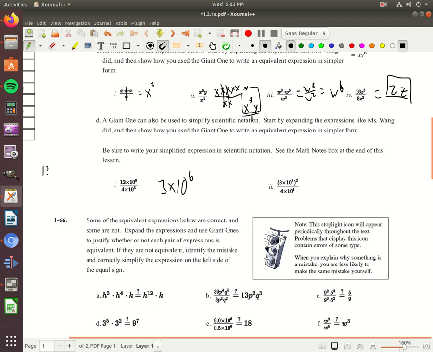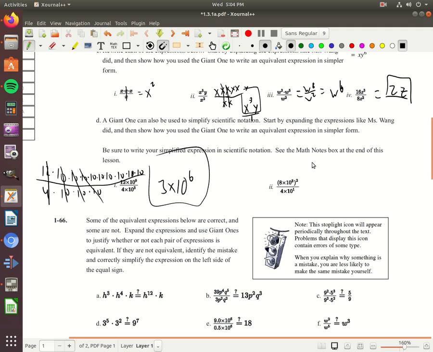Again, if we write that out, 12 times 1, 2, 3, 4, 5, 6, 7, 8, 9 tens over 4 times 1, 2, 3 tens. This cancels out and turns into 3. These cancel out, and I'm left with 1, 2, 3, 4, 5, 6 left, right? I hate writing all that out. I won't do that very often, but I do want you to visually see how we get 3 times 10 to the 6.